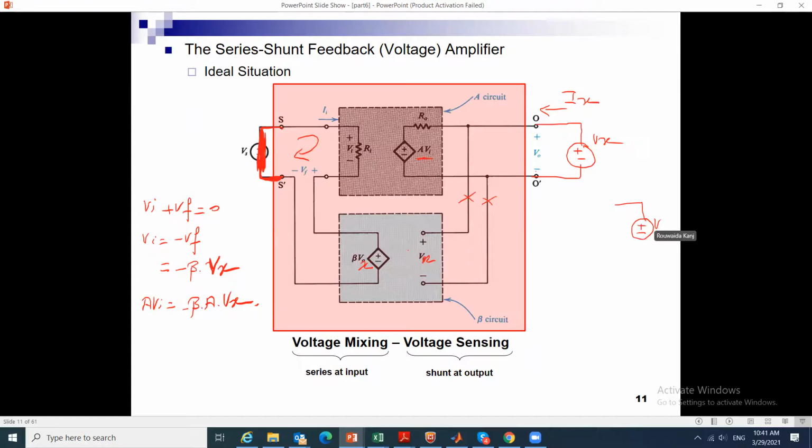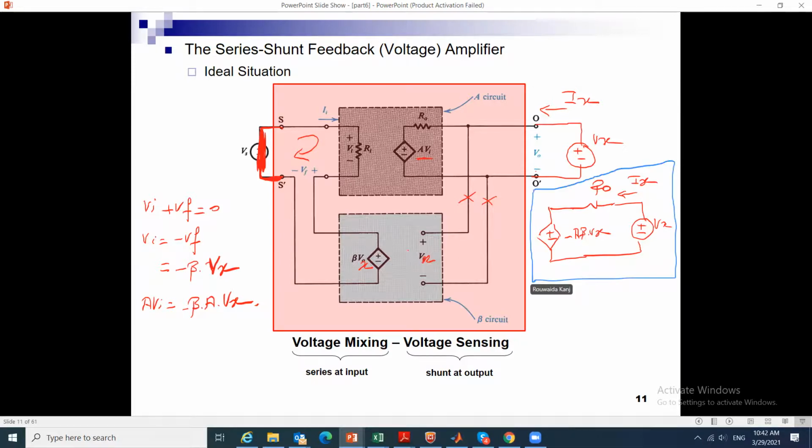I have Vx, I have Ro, and I have here minus A beta times Vx. And this is Ix. This is my new block here.